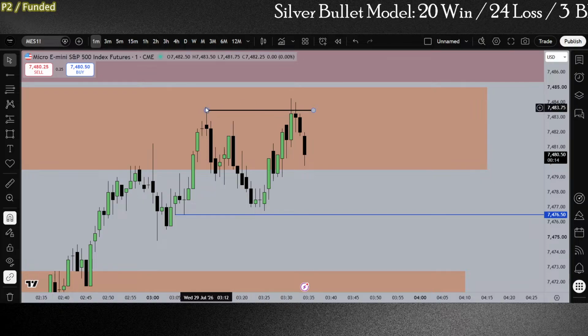So buy side was taken here at equal highs, and price is rejecting that short term. It does form a volume imbalance in here.